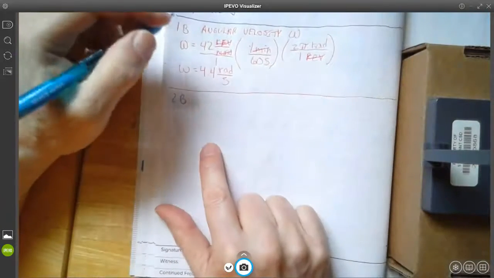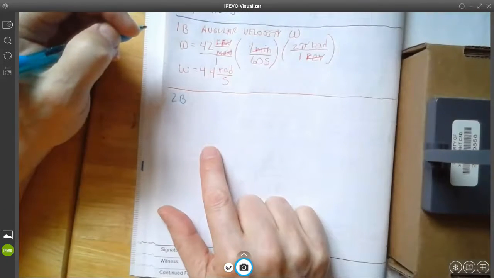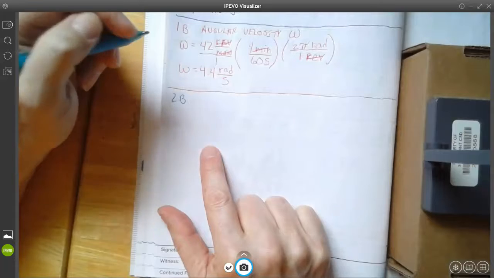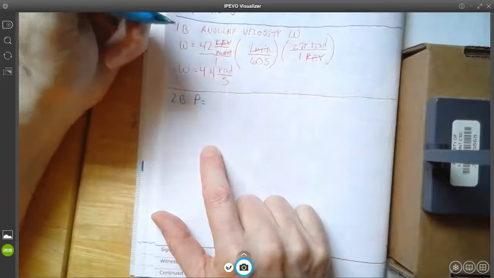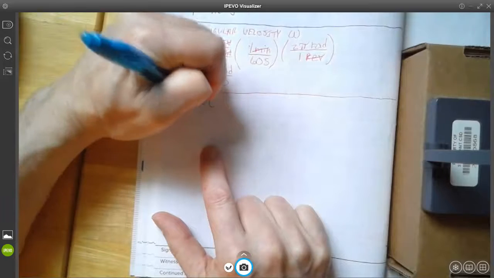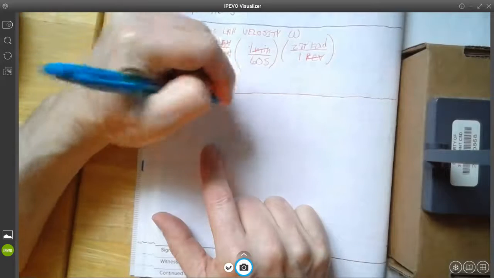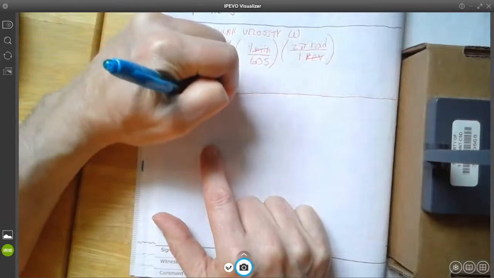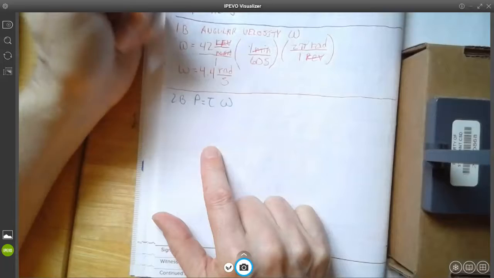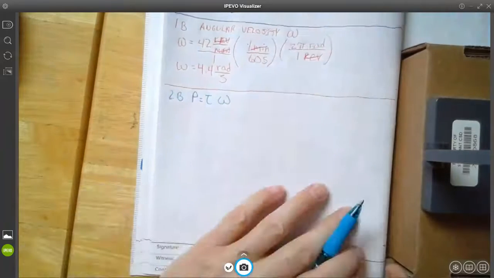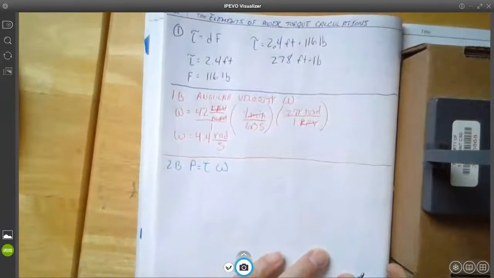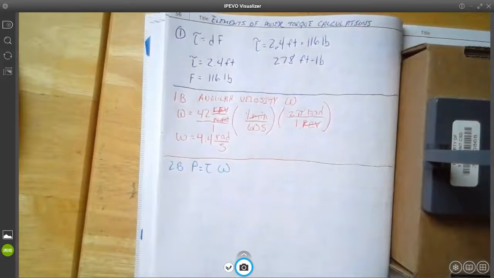And the power formula is that P is going to be equal to tau, or torque, times angular velocity, which we just calculated up here. So we've got our torque and our angular velocity calculated already.